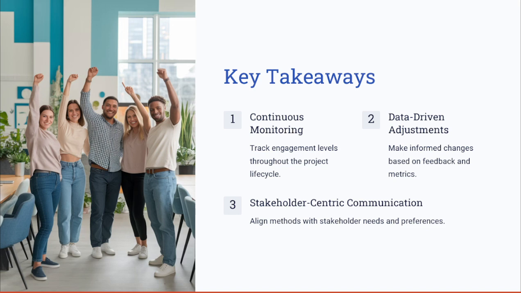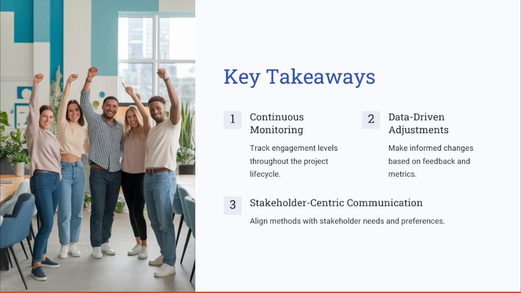To summarize our important session on stakeholder engagement monitoring, as one of the key processes of the monitoring and controlling process group, monitoring stakeholder engagement is an ongoing process that requires proactive tracking, data driven decision making, and tailored communication.